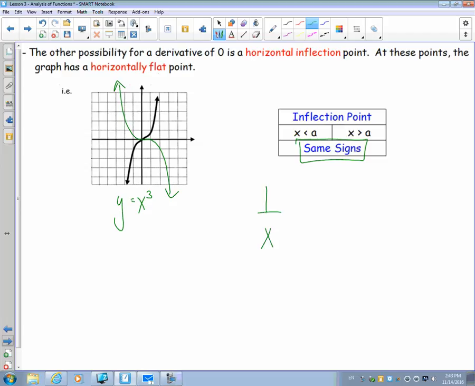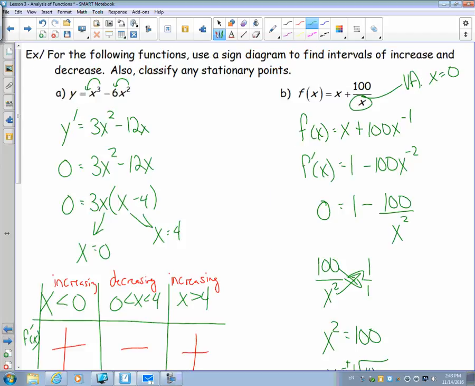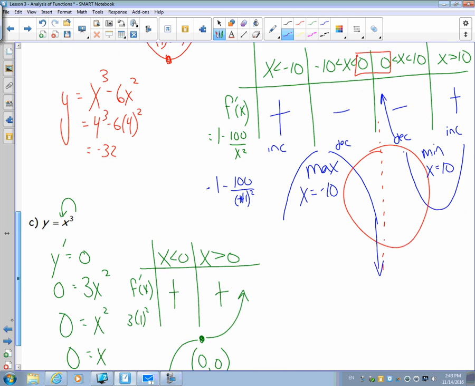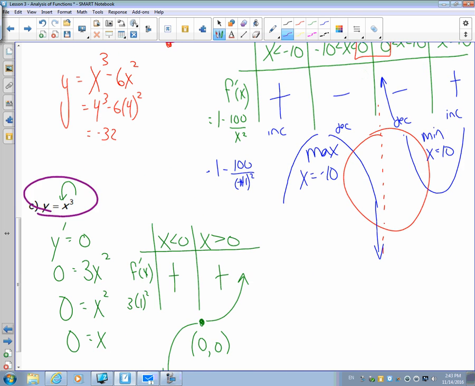Okay, so that's our second weird option. So we have the standard one, just a regular old polynomial. We're going to just do our sign diagrams like normal. We have a vertical asymptote situation. We have an x on the bottom. And you've got ones where you can get inflection points. They're the weird ones. We have two signs the same side by side.